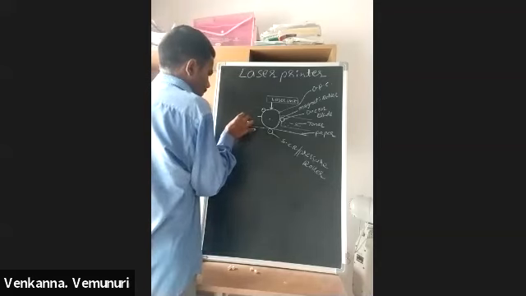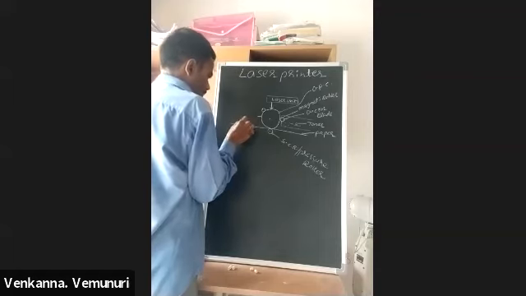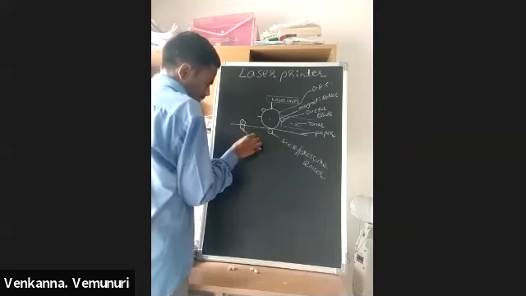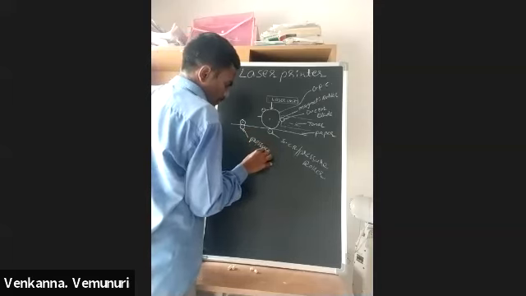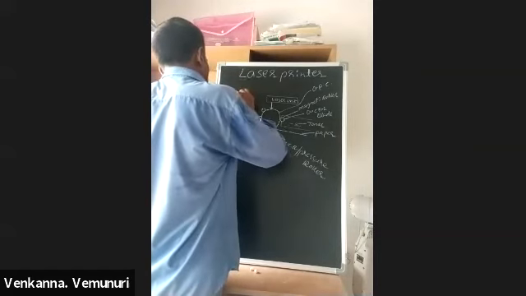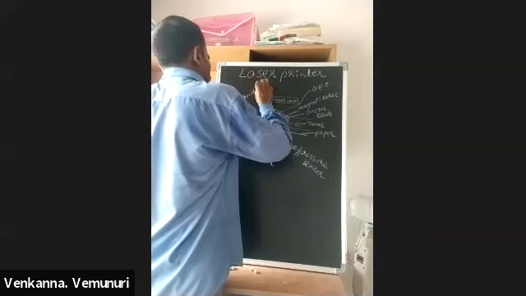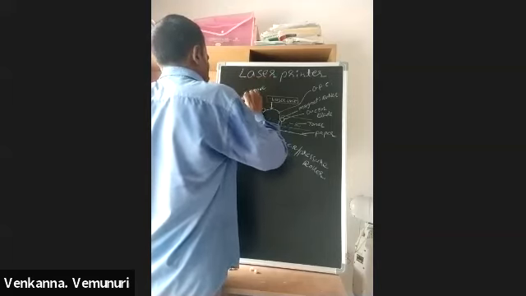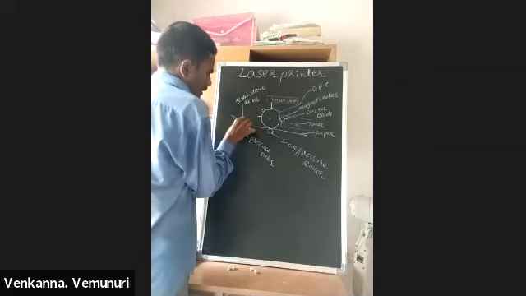And here is also a pressure roller. This is the Teflon sleeve, and this is the heater.